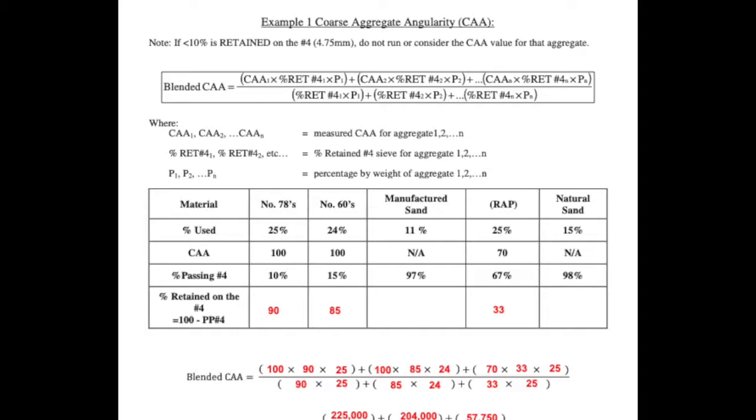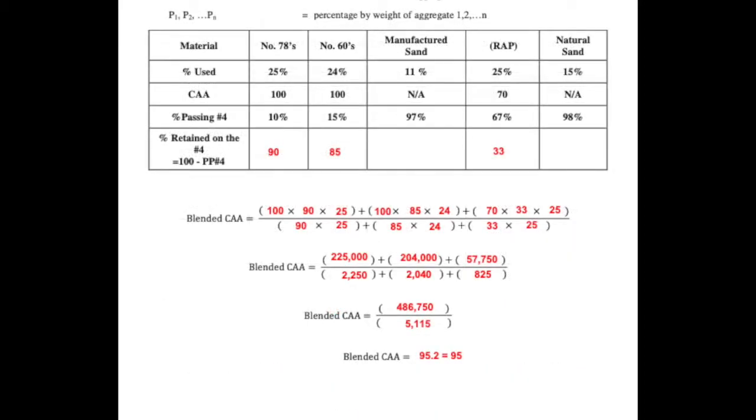CAA is 70 and 100 and 100 on the 3 products of this blend, and the percent retained. So with all that information provided in the tables above, you simply plug in those values into the equation.